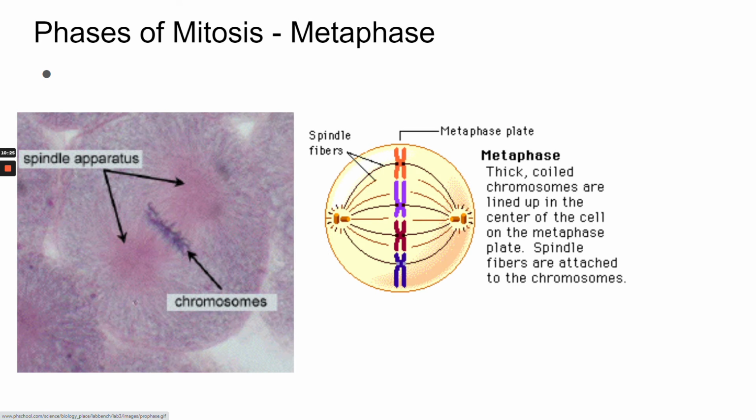Then we move to metaphase. In metaphase, the chromosomes all line up in the middle of the cell. You can remember metaphase, middle. We call that the equator of the cell, just like we have an equator on the planet, divides the planet in half.